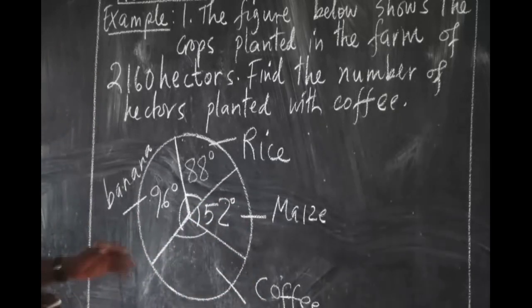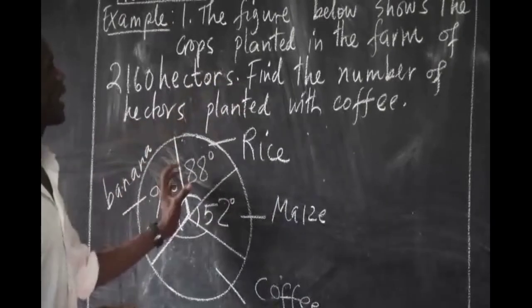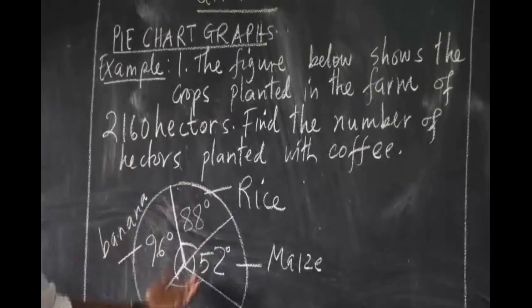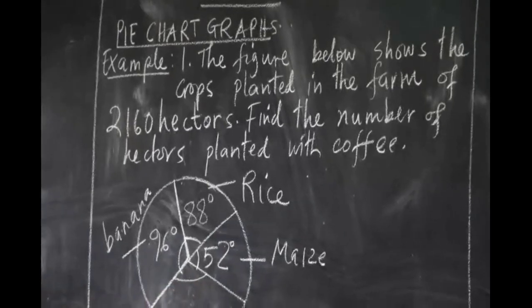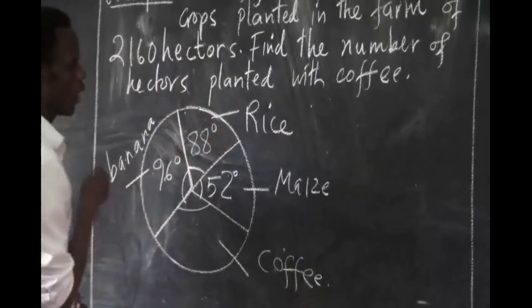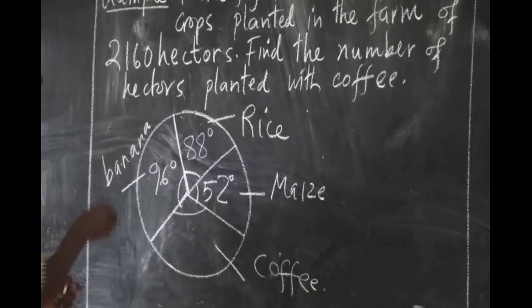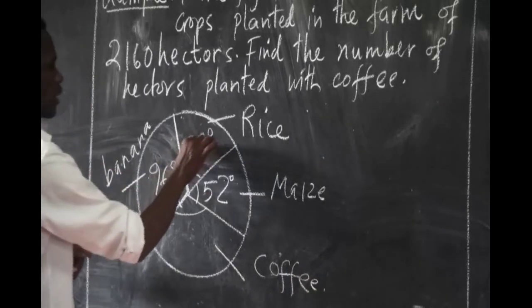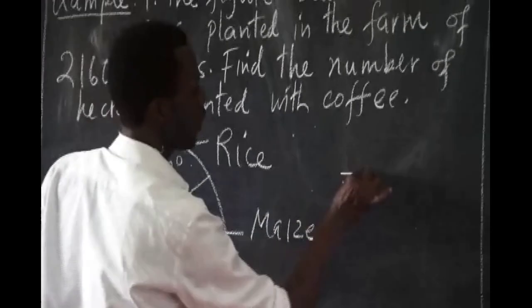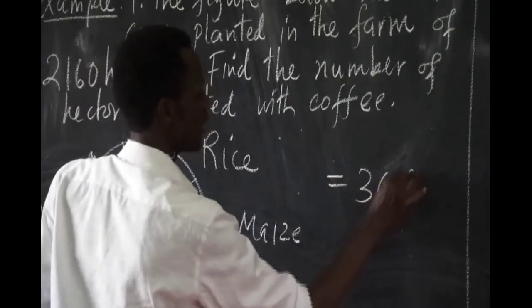Now, we just want to determine the number of hectares that were planted with the coffee. What next do we have to know? The total degree. The total degree of the circle is equal to 360. That is to say, the total degree of rice, maize, coffee, and banana should be equal to 360 degrees.